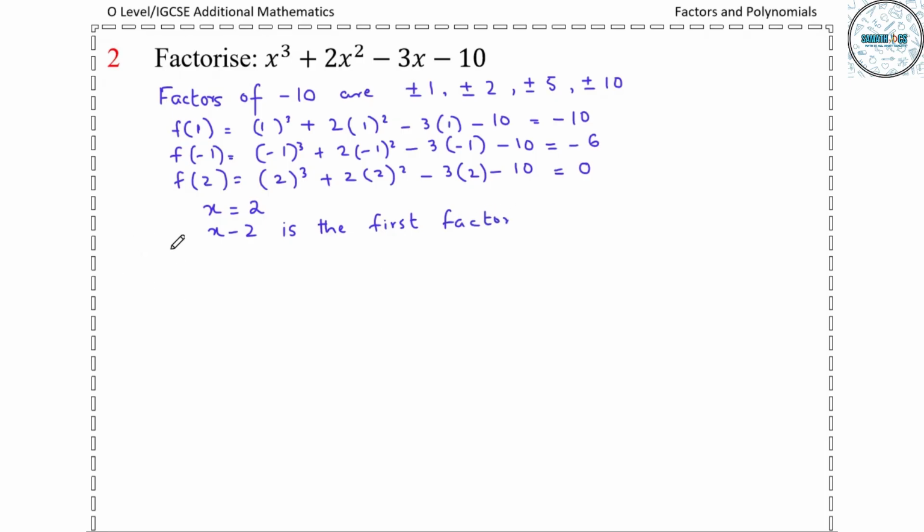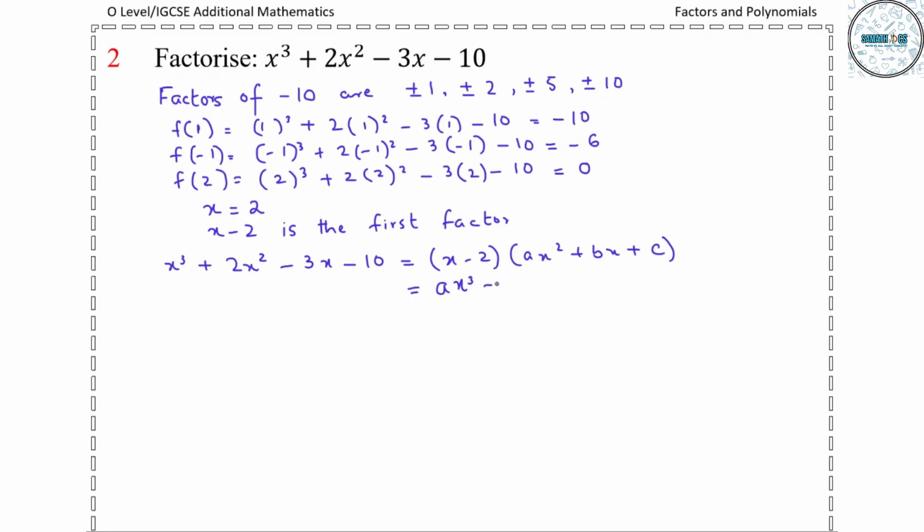So we can write here x cubed plus 2x squared minus 3x minus 10 is equal to x minus 2 into ax squared plus bx plus c. We can expand this and then we can compare it to find out the values of a, b, and c. x multiplied by ax squared is ax cubed.